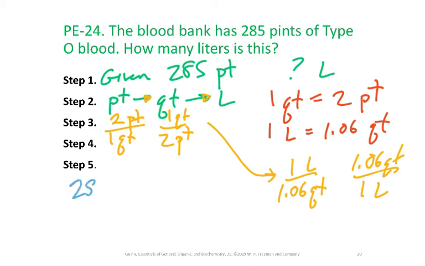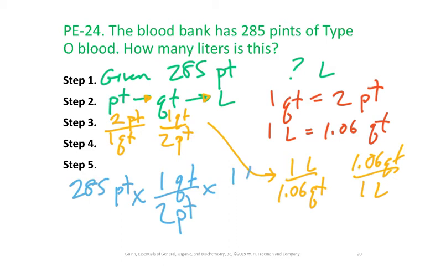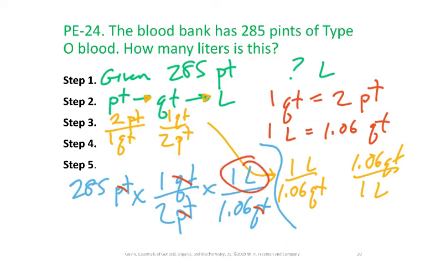So we start with 285 pints, and then we want to convert that into quarts. So 1 quart over 2 pints, and then convert that into liters from quarts. So 1 liter on top. And now we can see pints cancels, quarts cancels, and we're left with liter.